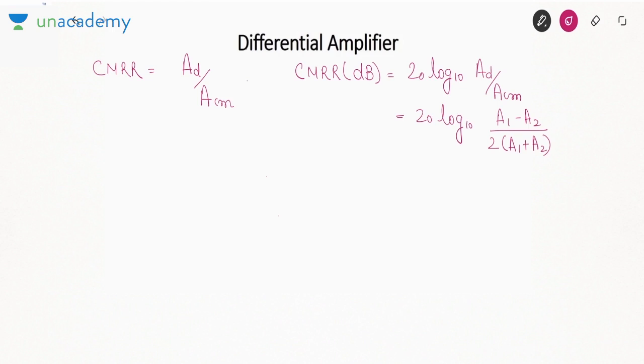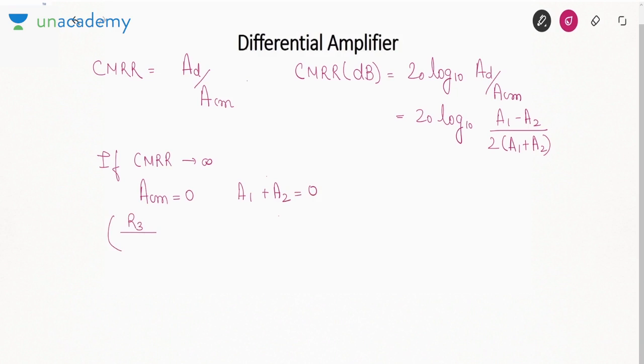Now if you want CMRR to tend to infinity, in that case ACM must tend to 0, or you can say A1 plus A2 must be 0. A1 was R3 over R2 plus R3, R1 plus RF over R1, minus RF by R1.